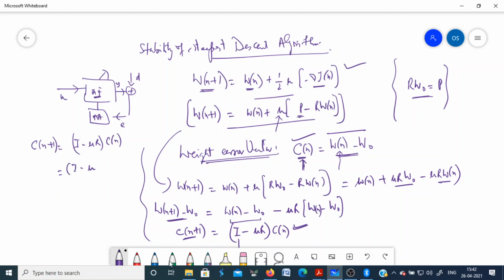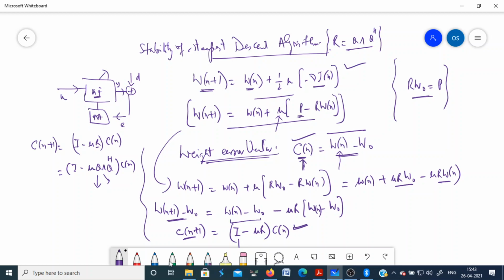Now R can be decomposed in terms of eigenvalues and eigenvectors, which we have already discussed, as Q lambda QH. So in place of R, you can write Q lambda QH into Cn, where Q is the eigenvector matrix for the matrix R, and lambda is the diagonal matrix of eigenvalues.